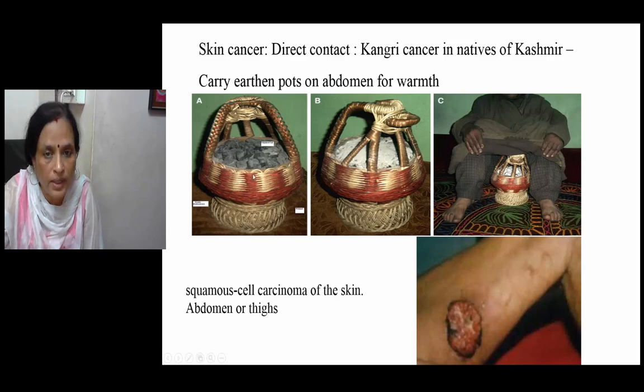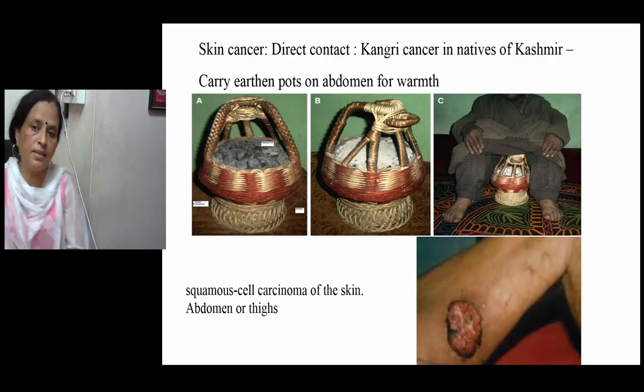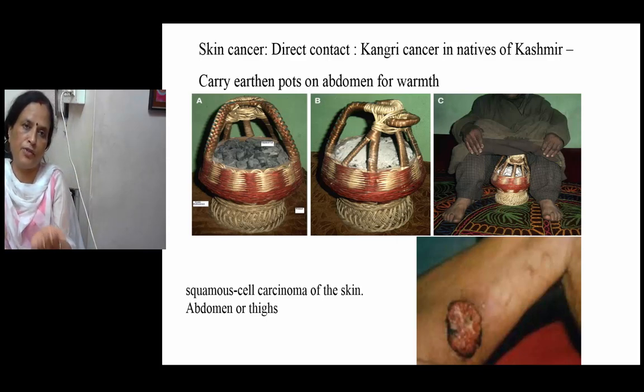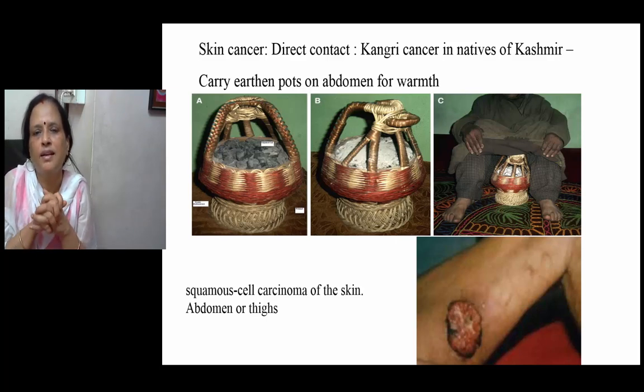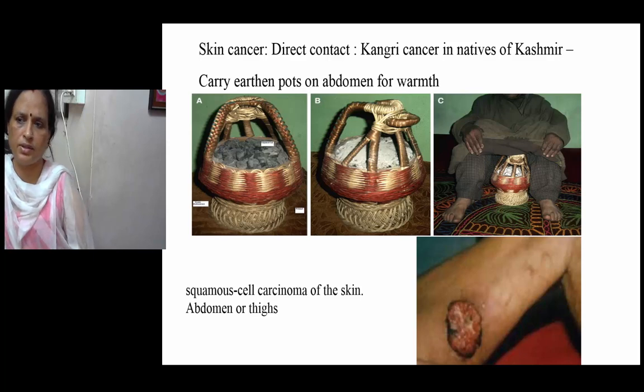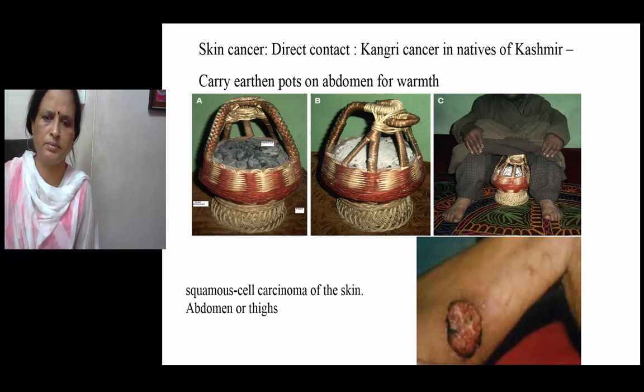So there is an earthen pot here inside which contains burning charcoal, and this is kept in a basket made of cane or bamboo, whatever, cane, yeah, very nice. So very cold weather, so to keep themselves warm, Kashmiris use this. So they keep it either on the abdomen, cover it, or keep it between the thighs or between the legs, wherever they find it comfortable.